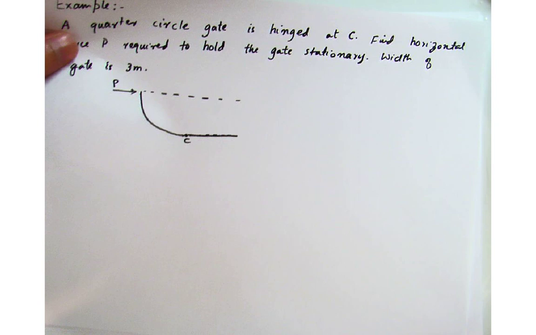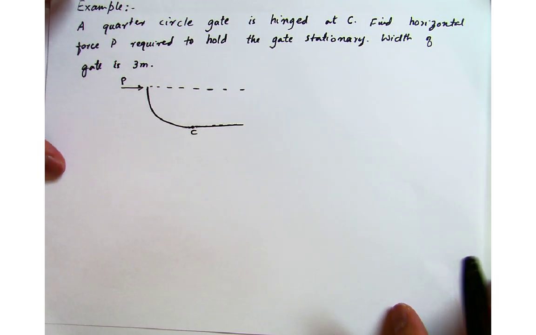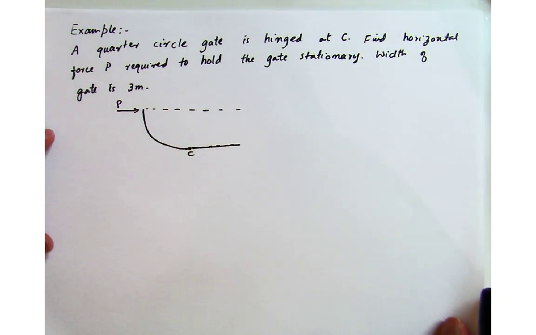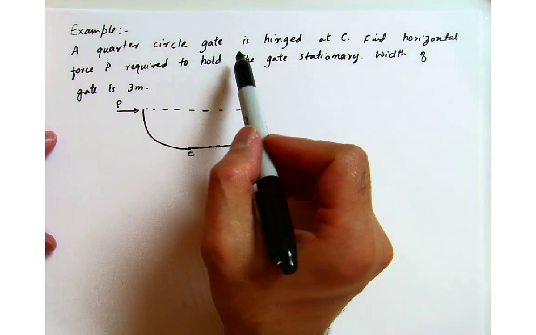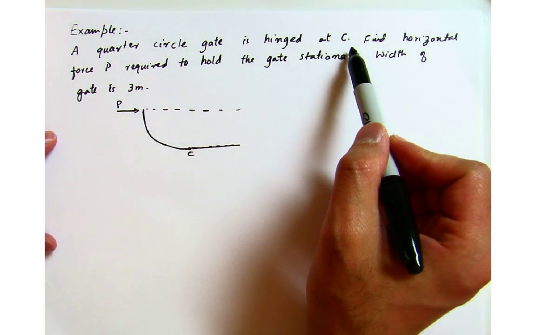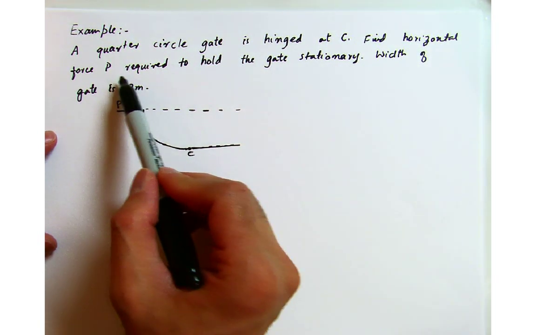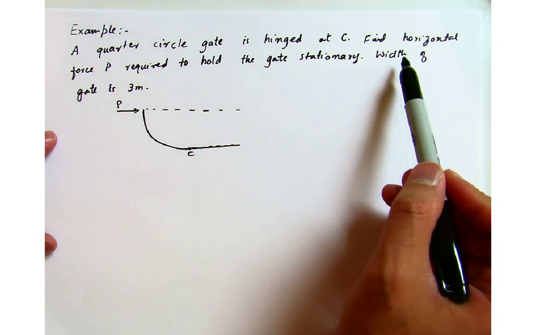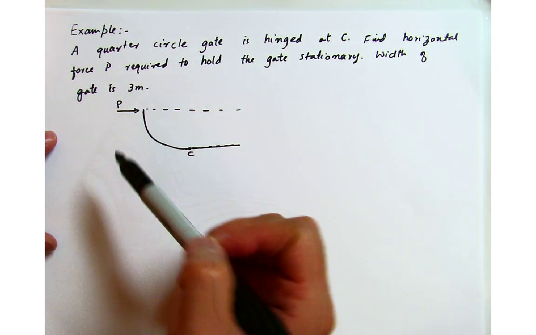Alright, so let's take a look at a quick example for a curved surface. The example is a quarter circle gate hinged at C. Find the horizontal force P required to hold the gate stationary. The width of the gate is 3 meters.